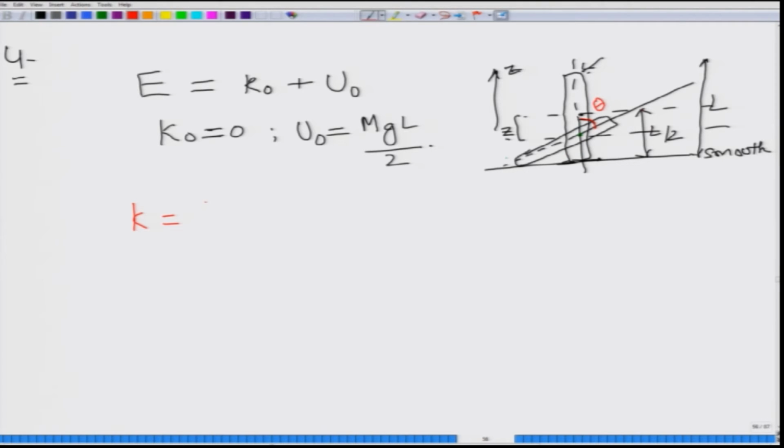So the rotational kinetic energy will be half I about CM times theta dot square, plus half m, this z distance is covered, so z dot square.